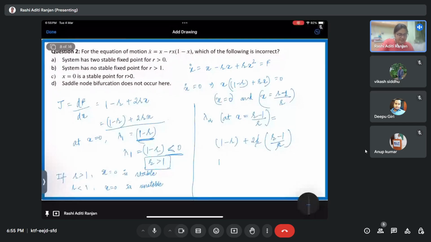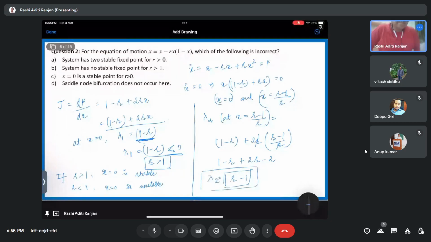If you see, this is exactly the negative of what I got in the case of x equals 0, right? The eigenvalue that I got over here is actually the opposite of what I got before. This is actually minus lambda 1.